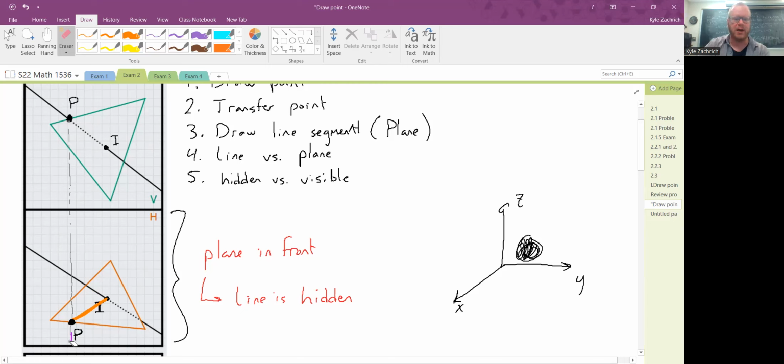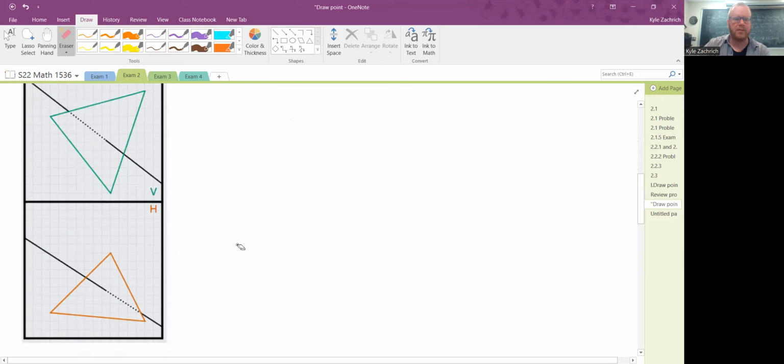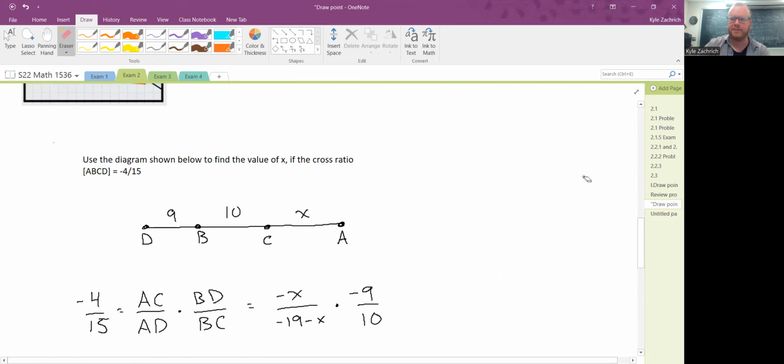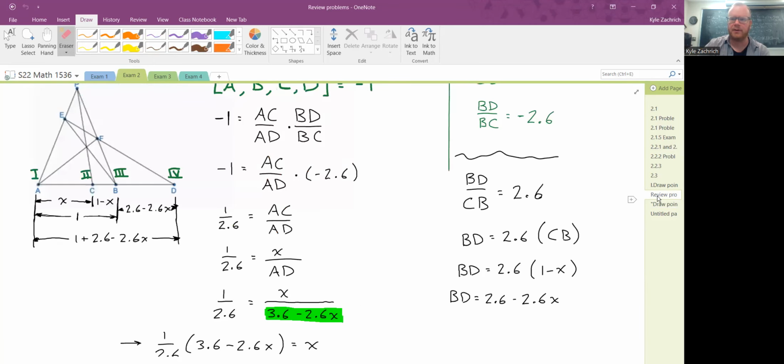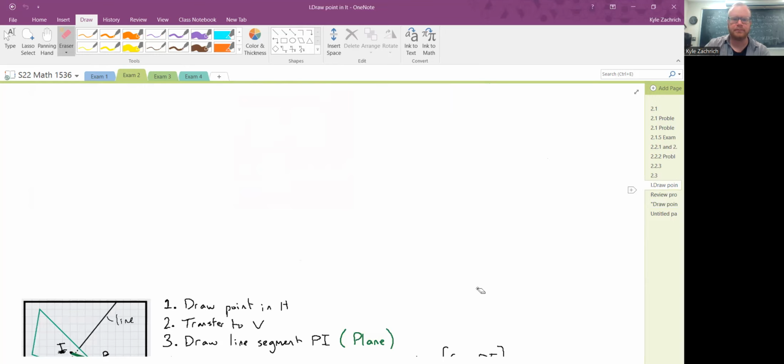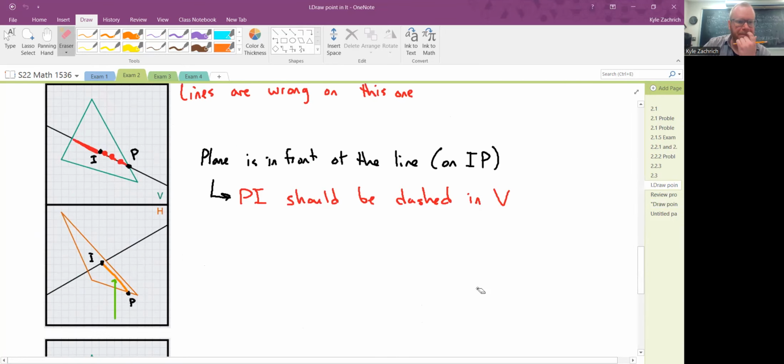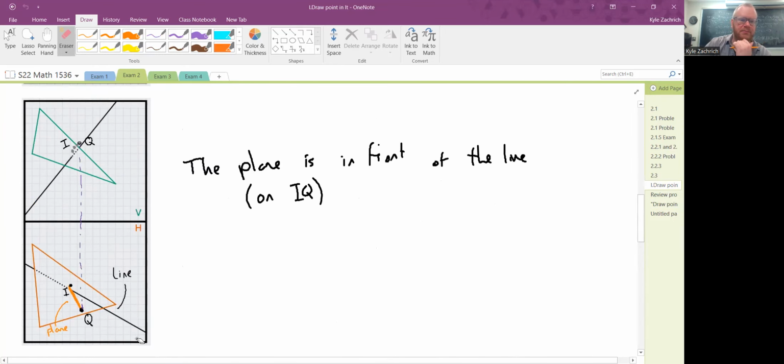If the black line was in front of the orange line that we just drew, then we would draw a solid line there. That takes care of whether it's dashed or solid up here. Then we would repeat the process, taking a point from down here and transferring it up there.